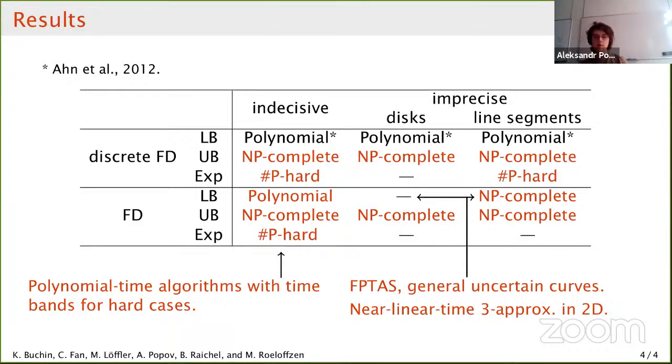For the lower bound, you can often just look at the possible regions that you have now, and you don't have to remember what choices you made in the past in terms of realizations. That makes sense. But for the upper bound, it doesn't really work out like that. Thank you. Any other questions?